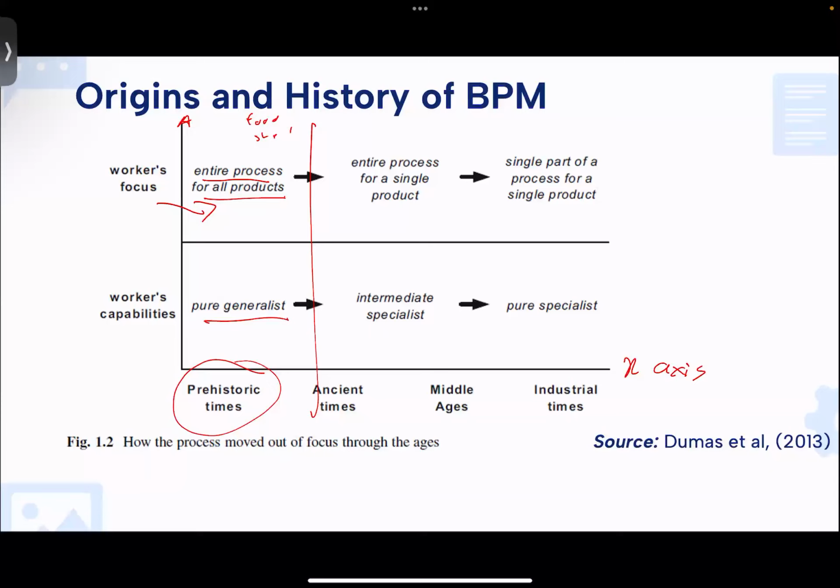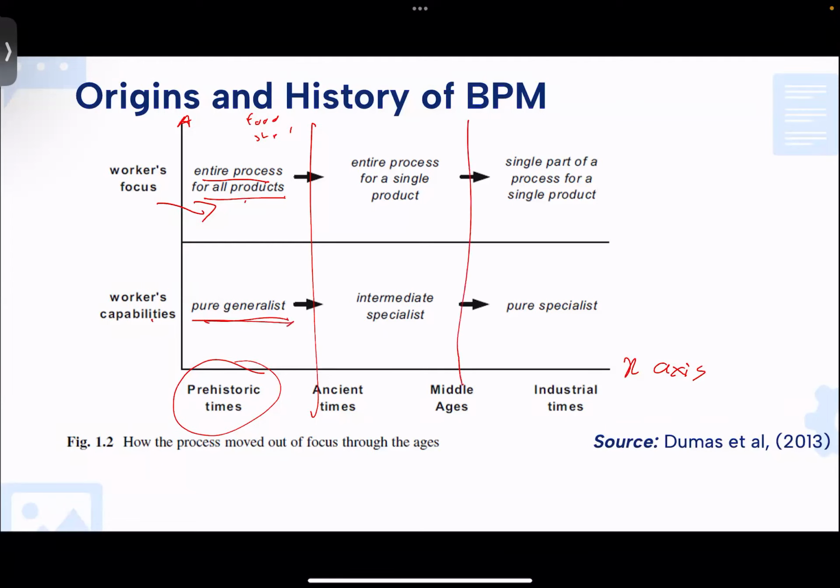If they need to farm to get food, meaning vegetables, rice, grains and other things, he specializes in that activity as well. So he knows every process of all the products. That is how things happened in prehistoric times: workers focus on the entire process for all the products, and workers' capability is pure generalist.